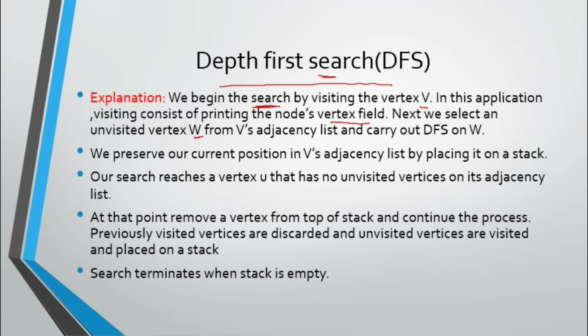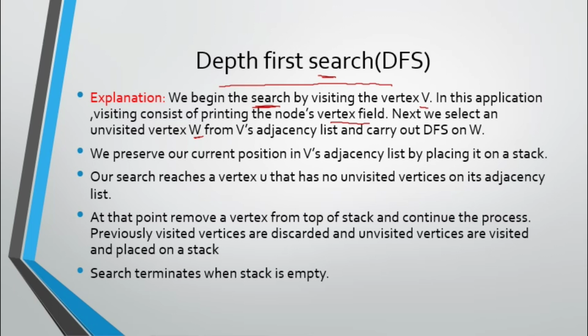How do we select the next vertex when we have one particular vertex? We select it using the adjacency list of V, so V's adjacent vertex will be there in the adjacency list of V.